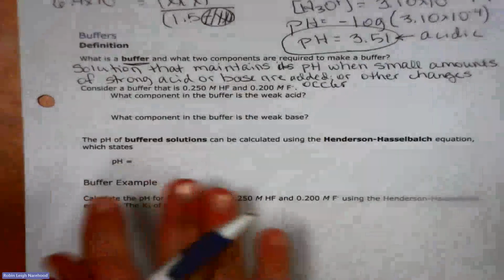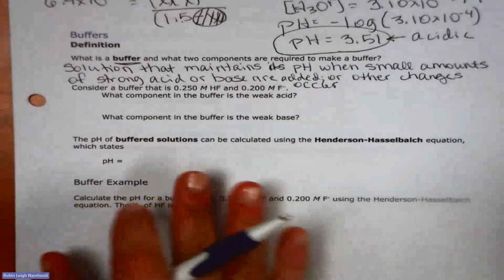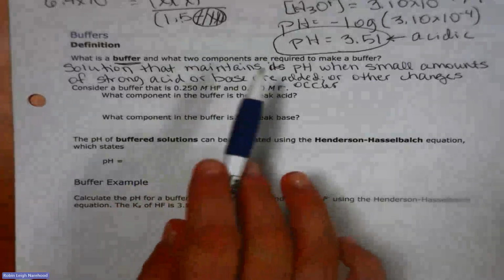So the easiest one to think about is adding a strong acid or base. I just added the "or other changes occur."